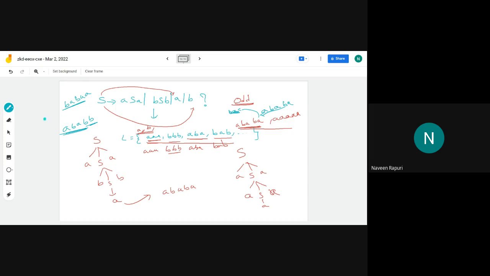So that's why all these strings accepted by the given grammar are only the odd length strings and all are palindromes. That's why we can say that it is odd length palindromes.